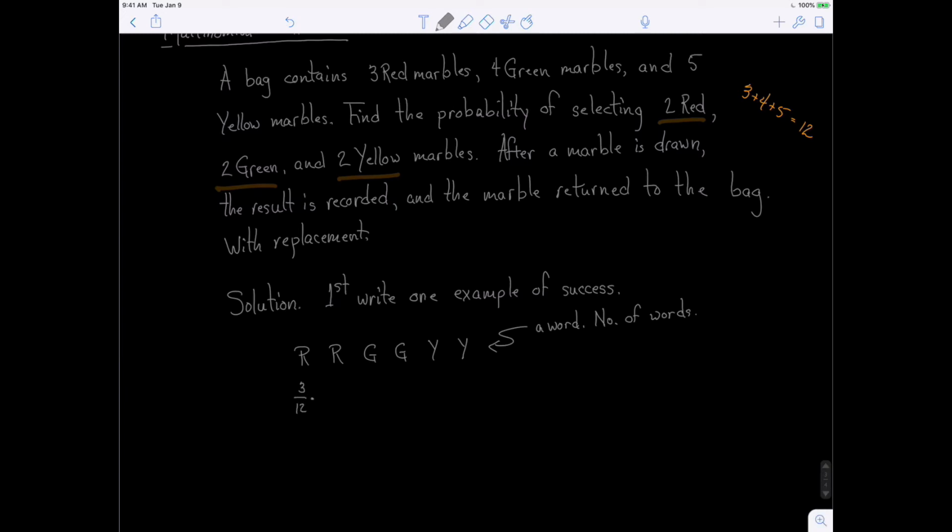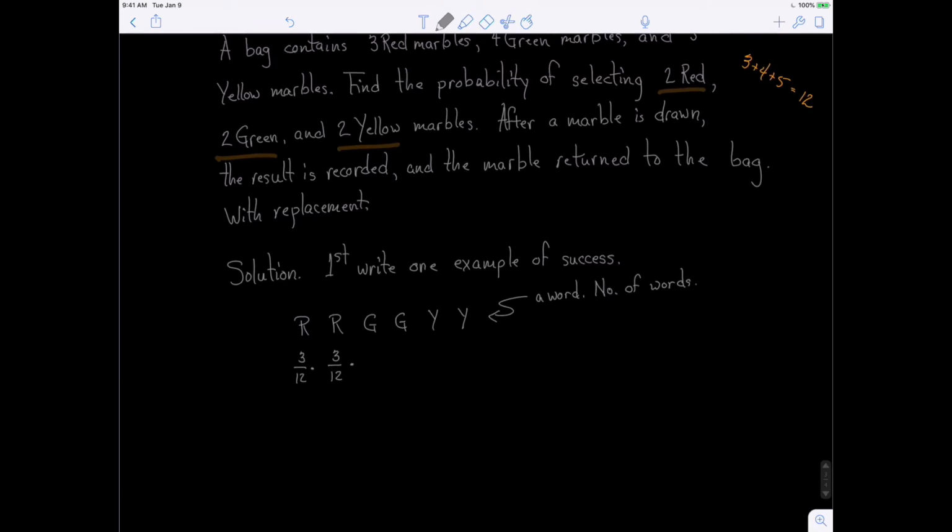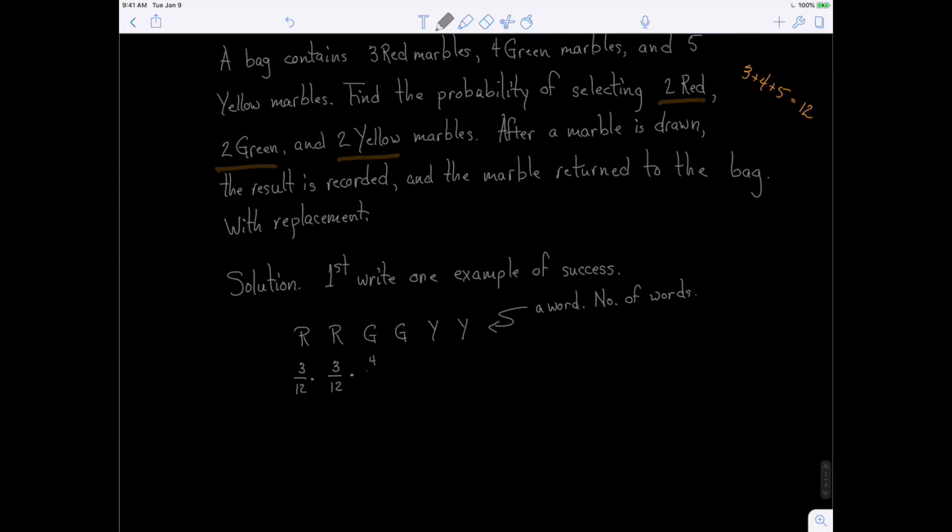But then we record the result and we return the red to the bag. So the probability of the next red is again 3/12. Then we return that red, record the R, return it to the bag. And so the probability now of drawing a green is 4/12. And we continue this process, and then we get to the yellows, and we have 5 of those, so that's 5/12.